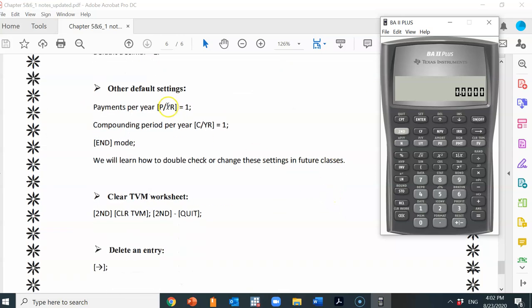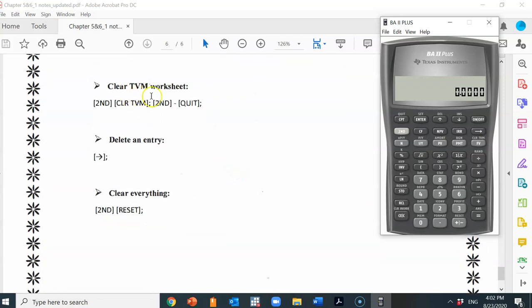Other default settings: P/Y, the payments per year, is set as 1. Compounding periods per year, C/Y, is set as 1. And we're also in the end mode. We'll discuss more about these settings and how to change them in future classes.